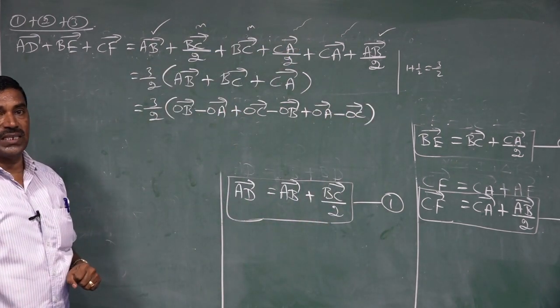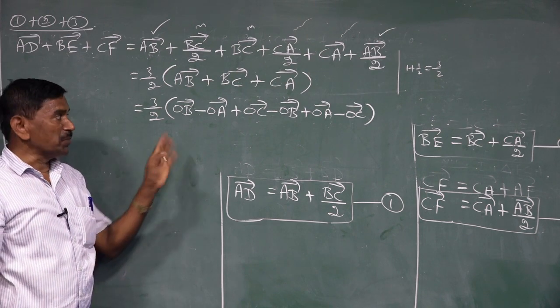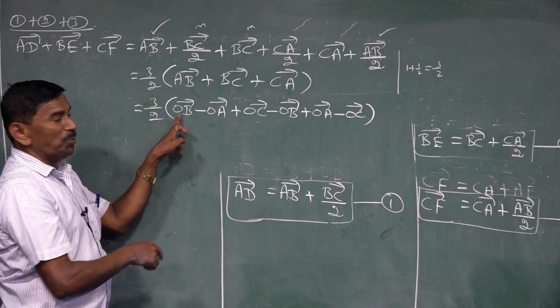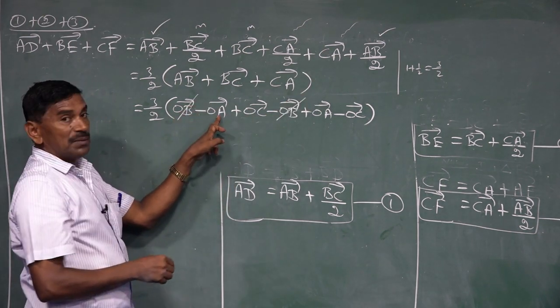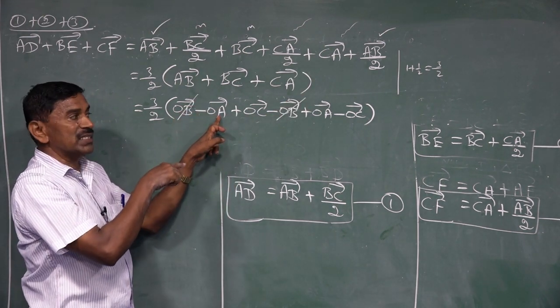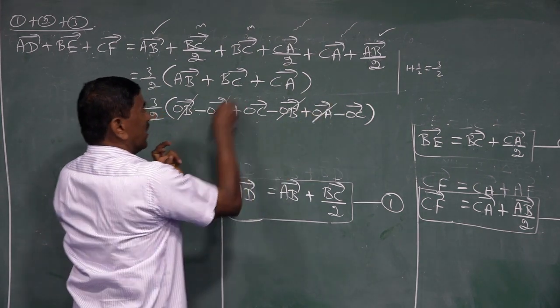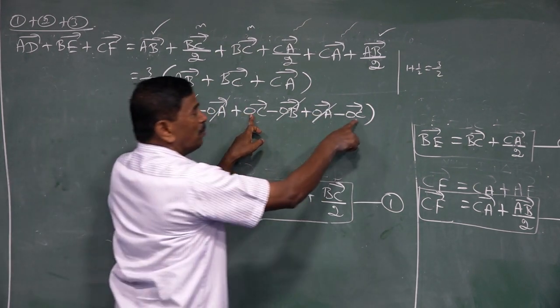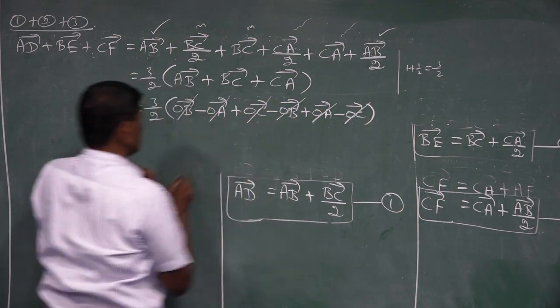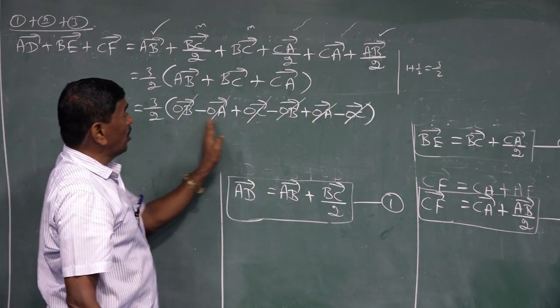Okay, now simplification. Plus and minus cancel: plus OB vector minus OB vector cancel. Come to the second term, minus OA vector. Next, plus OA vector cancels. Next, plus OC vector and minus OC vector, so plus and minus cancel. So in the bracket, all the terms are cancelled.